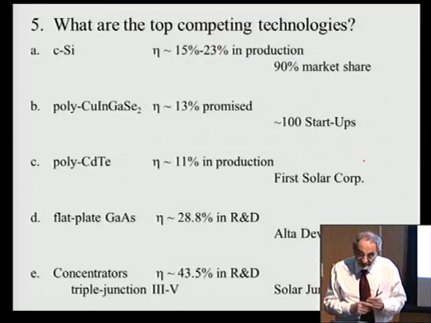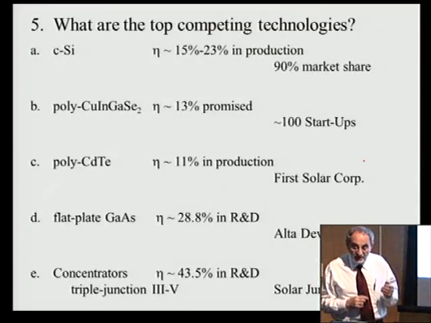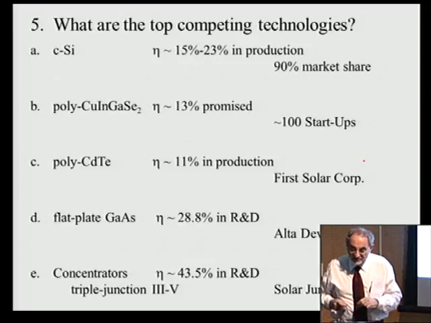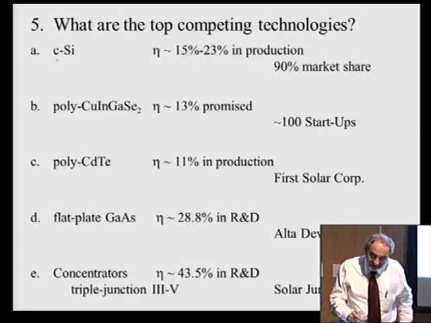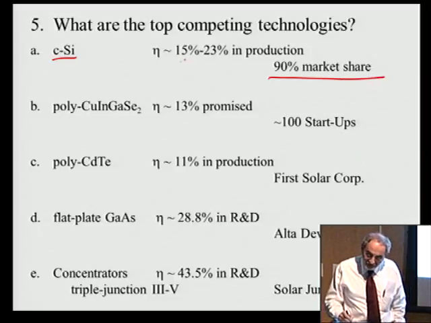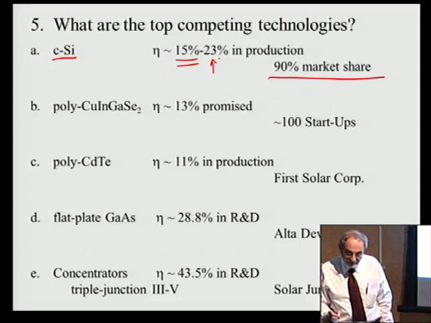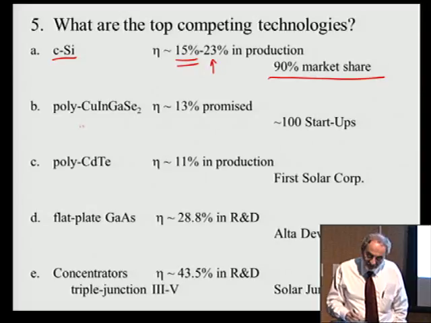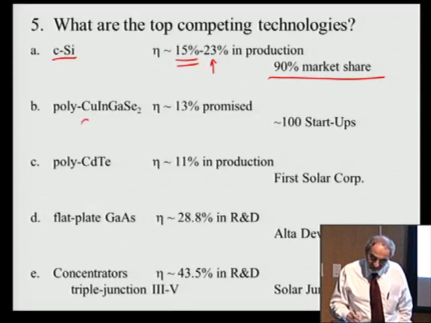Okay, so what is the status of the industry? So I'll give a technological status, then maybe the economic status. The crystal silicon is still king, over 90% market share. The poor silicon plants struggle to reach 15%, but the best silicon plants are reaching 23%. Then you have this compound, which is sometimes shortened into CIGS.